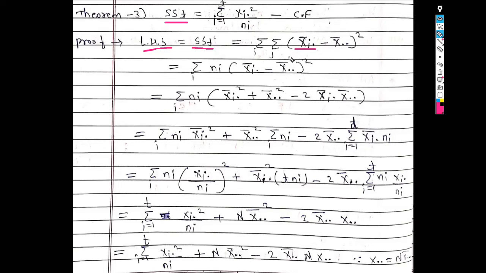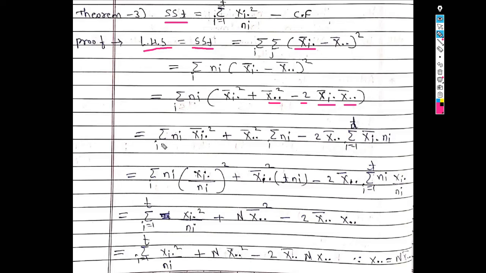Now just take the square of this bracket. So we get summation over i ni in bracket xi dot bar square plus x dot dot bar square minus 2 times xi dot bar into x dot dot bar. Now take this summation into ni inside the bracket.